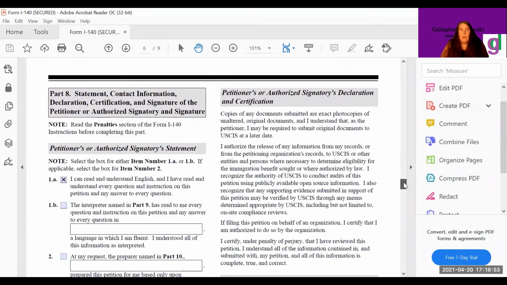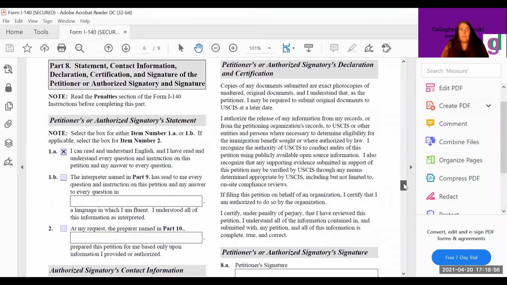Okay, so now on to part 8. This is where you're the one who is self-petitioning. You're also the candidate for the green card, and you don't need a translator. That's what we're putting here. Okay, so you do check 1A.